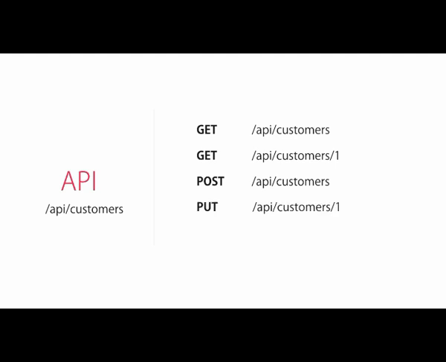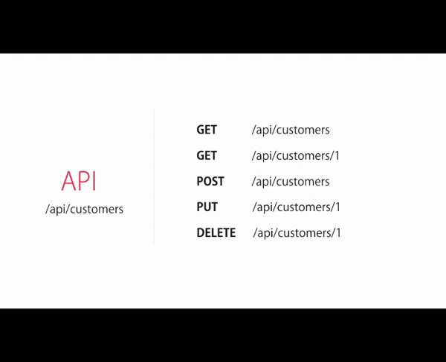Now, to update a customer, we'll send an HTTP PUT request to this URL. So the ID of the customer is in the URL, and the actual data or properties to update will be in the request body. And finally, to delete a customer, we'll send an HTTP DELETE request to this endpoint. So what you see here, in terms of request types and endpoints, is a standard convention referred to as the RESTful convention.